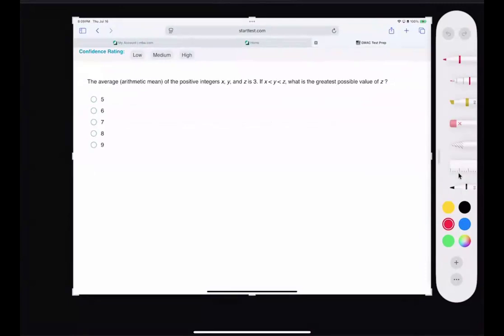If x is less than y is less than z, what is the greatest possible value of z? The greatest possible value of z is when x and y are the least. They are positive integers, 1 and 2. Now it's valid. So it's 6.